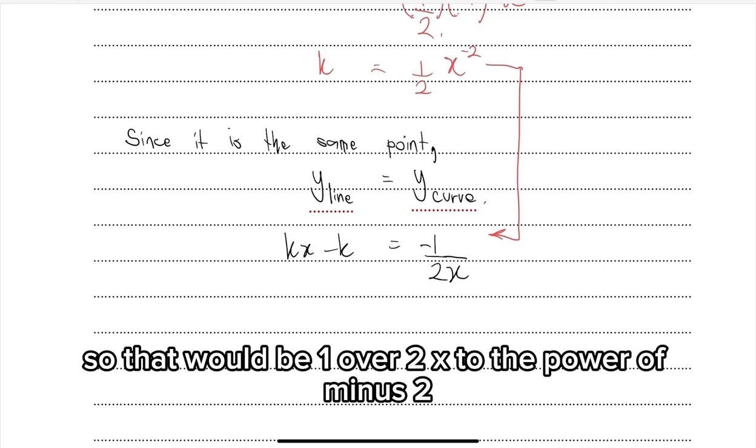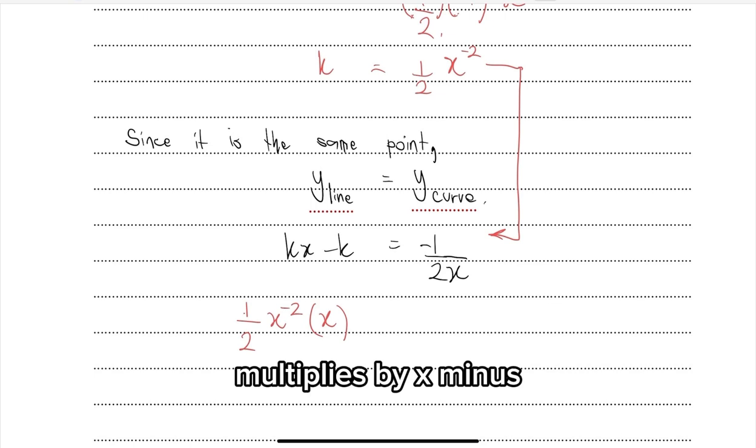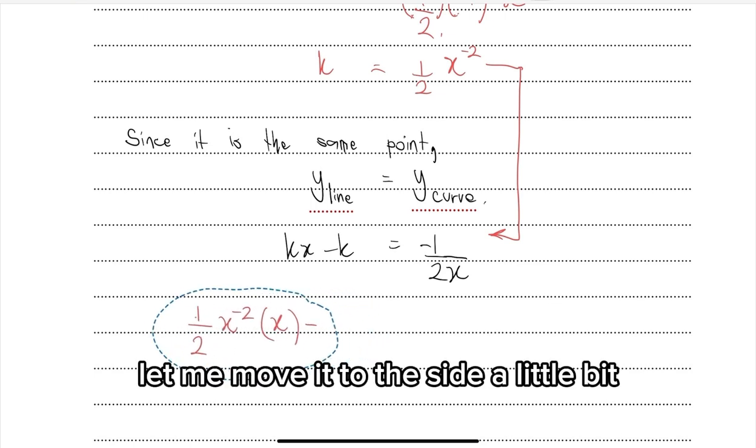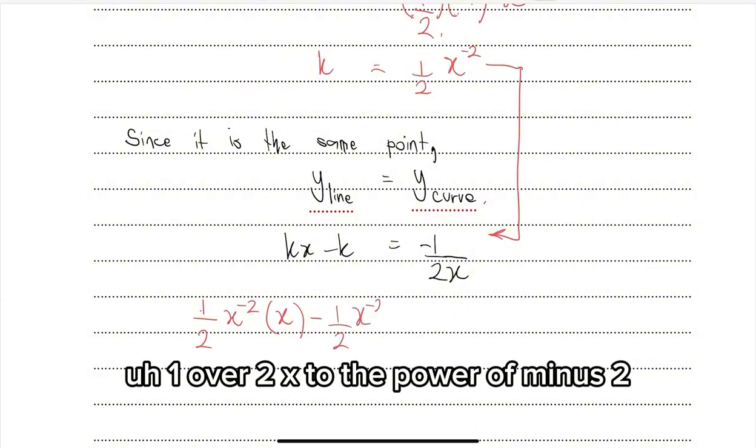So that would be 1 over 2 x to the power of minus 2 multiplied by x, minus 1 over 2 x to the power of minus 2.